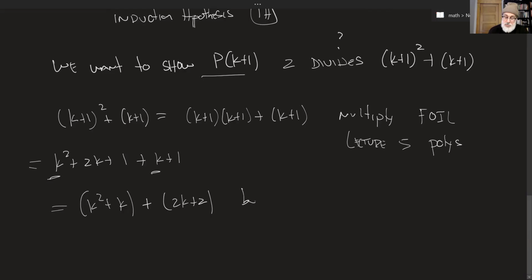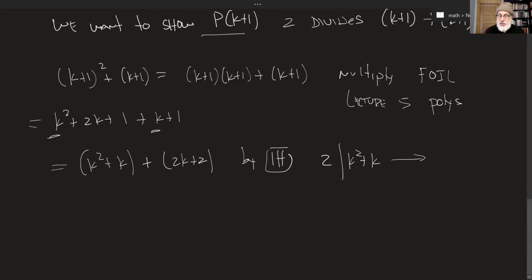Okay, now by the induction hypothesis, 2 divides k squared plus k. Now, I said above that if something divides something, it is an integer multiple of its divisor. So that means that k squared plus k is equal to 2m, for some integer m.